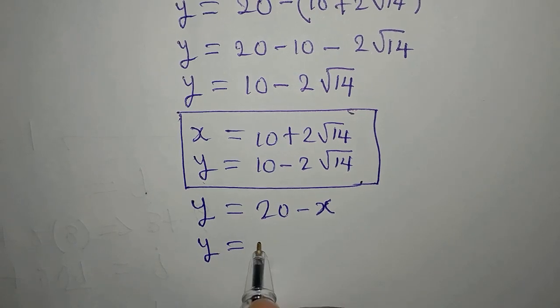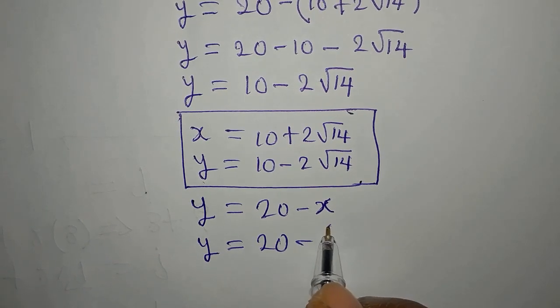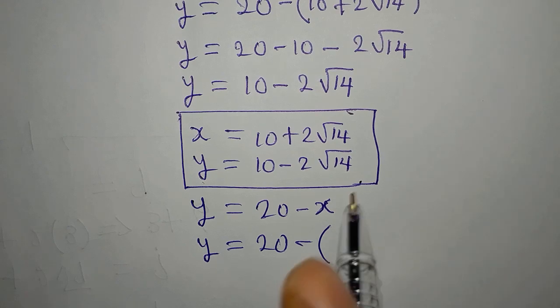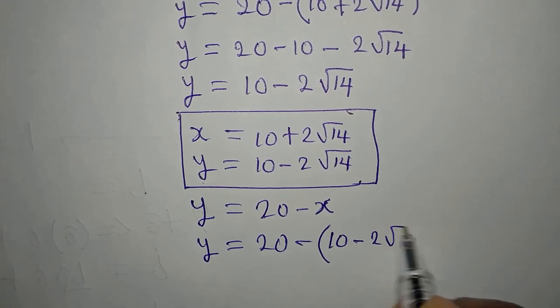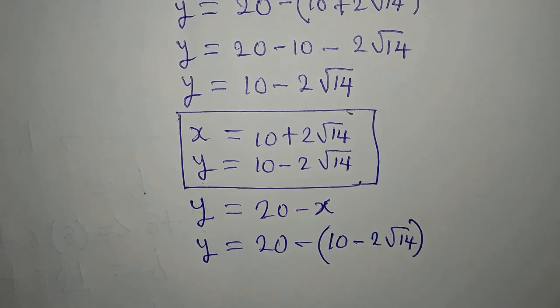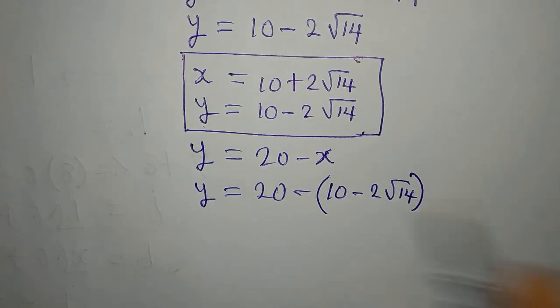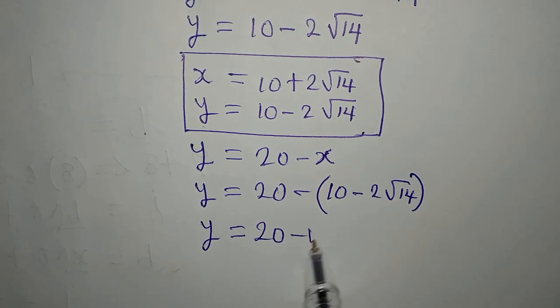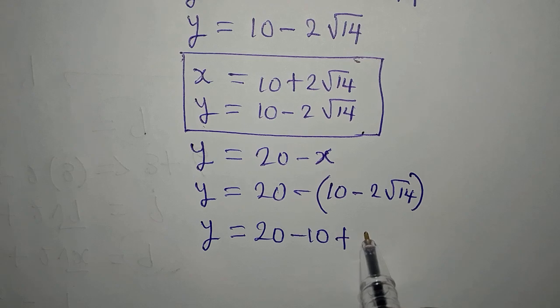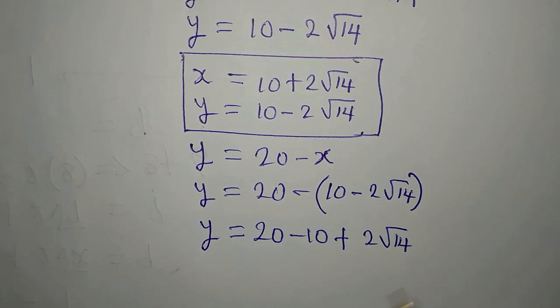y is equal to 20 minus open bracket. The second value of x is 10 minus 2 root 14. Now we open the bracket as well so that y is equal to 20 minus 10 plus 2 root 14.